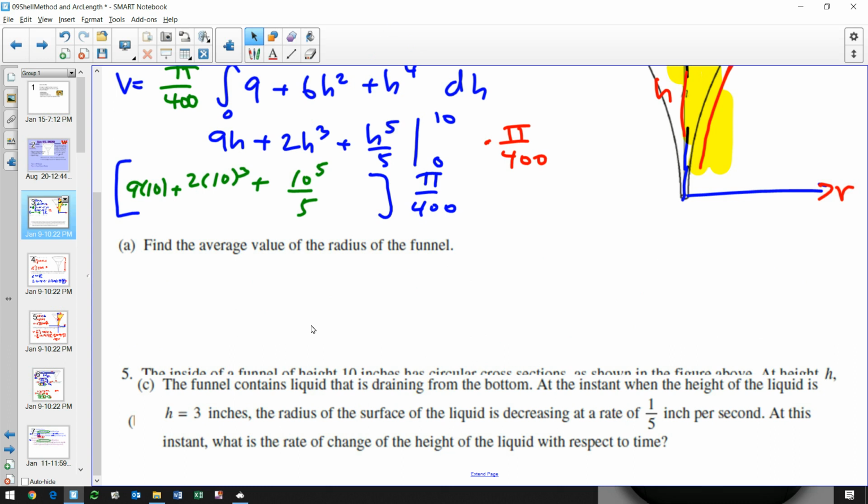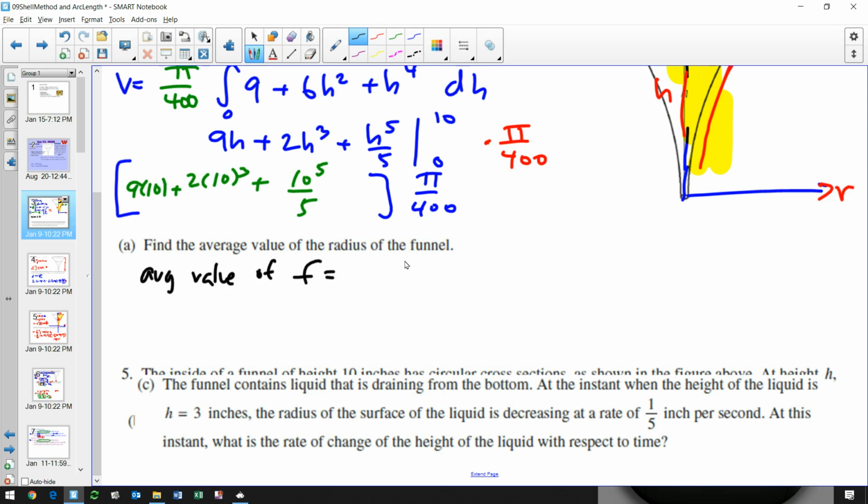Okay. Can you go find the average value formula, and tell me what that is on your pink sheet? What is the average value of f? Do you remember that? What's that on your pink sheet?